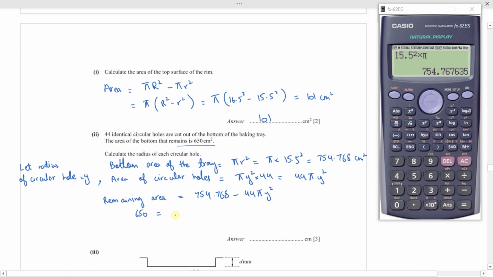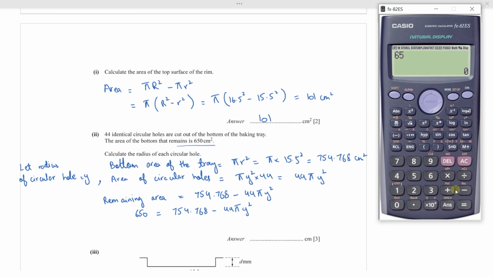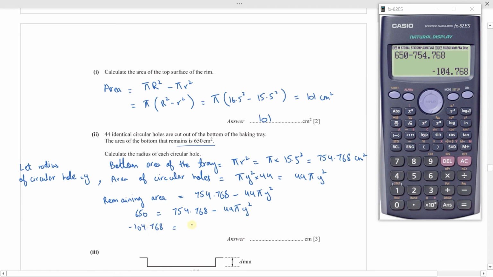So 650 equals 754.768 minus 44 pi y square. Now we have to find the value of y from this equation, which is the radius of the circular hole. I'll take 754.768 to the other side, so 650 minus 754.768 will be minus 104.768, equals minus 44 pi y square.